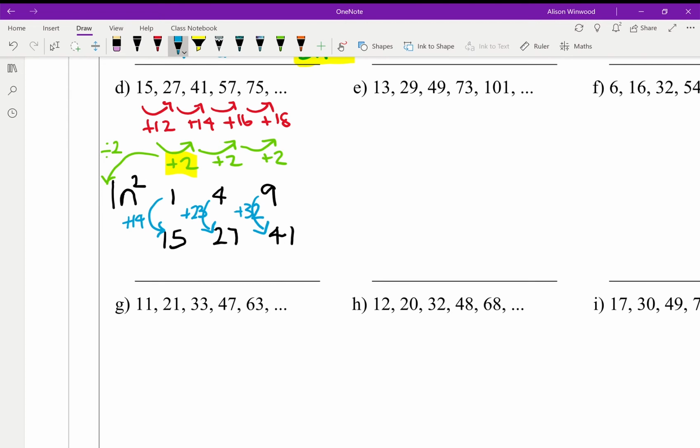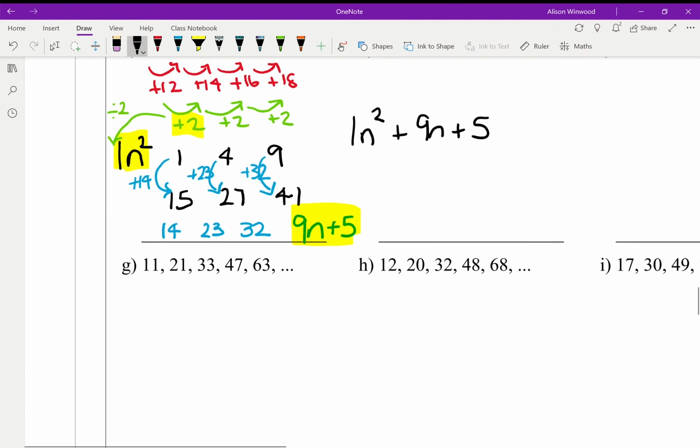So let's look at that blue sequence of numbers, 14, 23, 32. It's going up by 9, so it's 9n, but it starts at 14, so I need to add 5. Then I can combine my square part with this extra part, and that gives me the whole nth term for the whole sequence, 1n squared plus 9n plus 5.